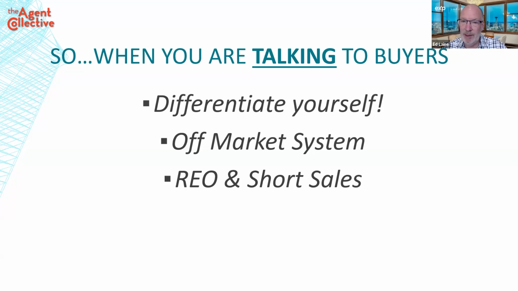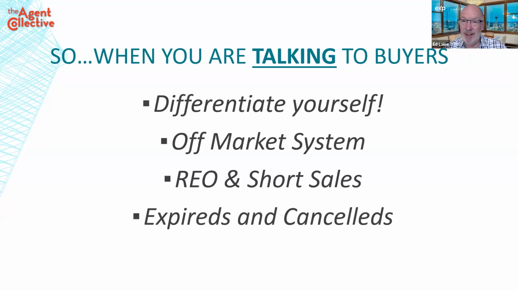There's no multiple offer situation on a pre-market REO, right? We also can search expireds and cancels. That's a step that every broker has access to, but very few even bother, right? And then I also have the pond, right?